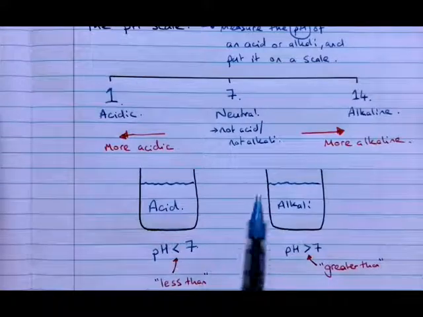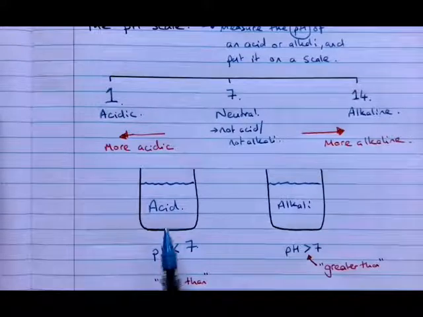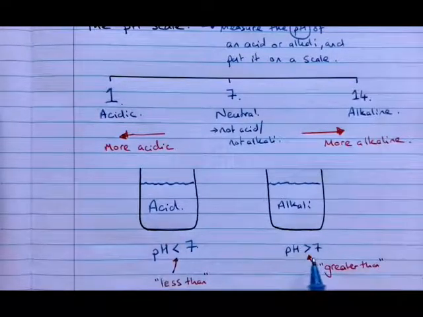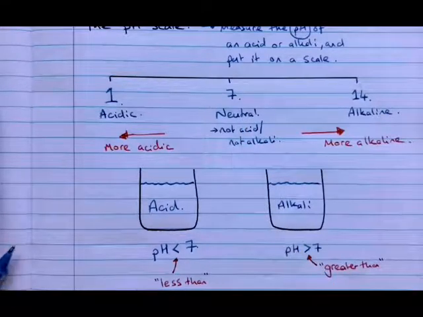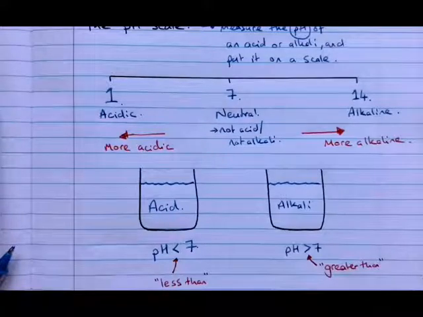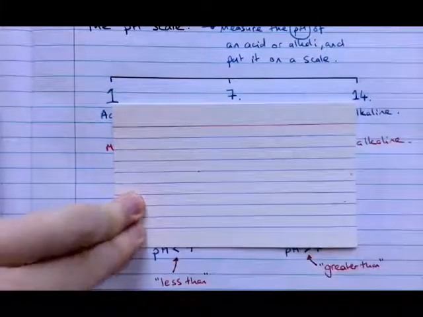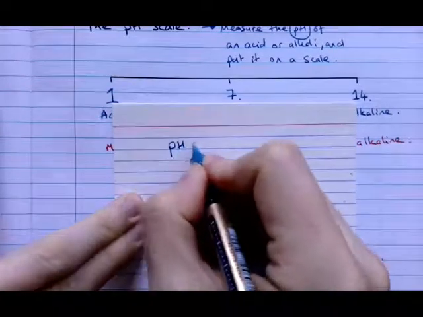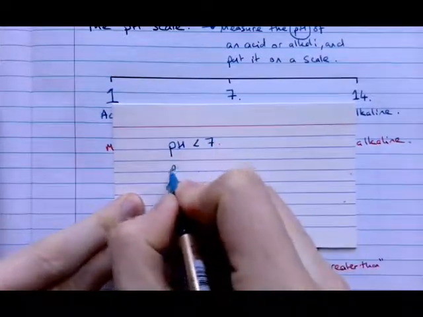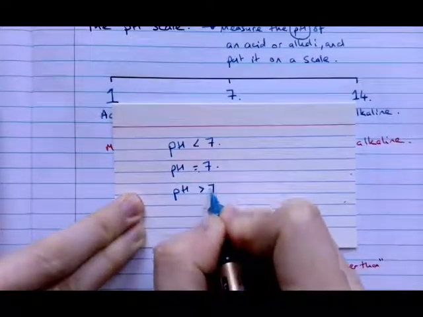Okay, so that's how the pH scale works, and you need to remember that anything less than 7 is acidic, anything greater than 7 is alkali, and anything that's neutral is in the middle with a pH of 7. So it's probably worth now, you can put here on a flashcard, you could have pH of less than 7, pH equal to 7, and pH greater than 7.